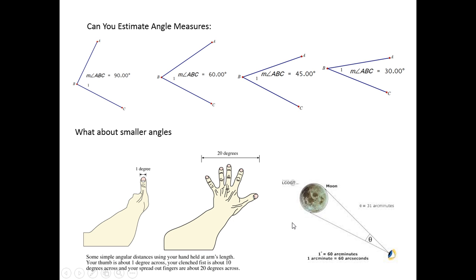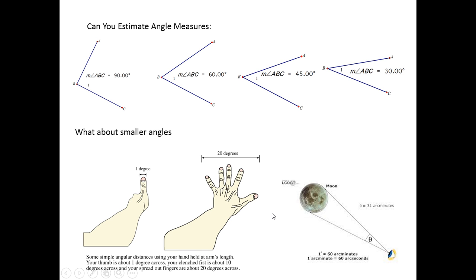And interestingly enough, that 1-degree angle is said to be the 1 degree of arc that the moon and the sun subtend in the sky. In other words, holding your thumb out at arm's length, you should be able to block out the sun or the moon, saying that that's 1 degree, okay? 20 degrees would be your outstretched hand, as shown here, at arm's length, okay? These are kind of interesting facts, okay?